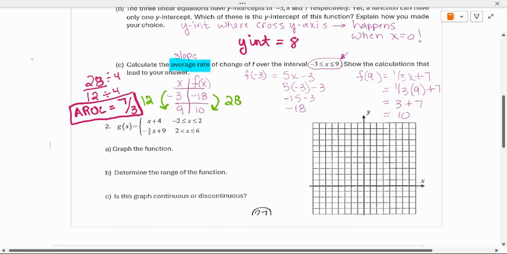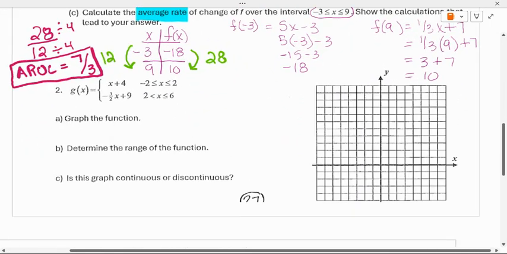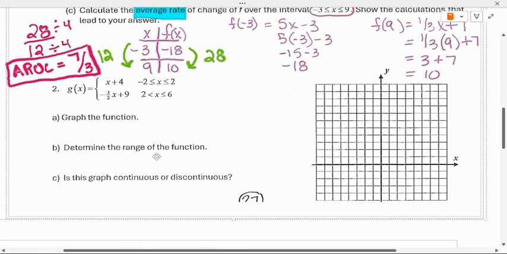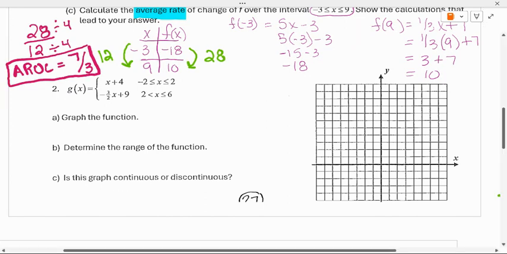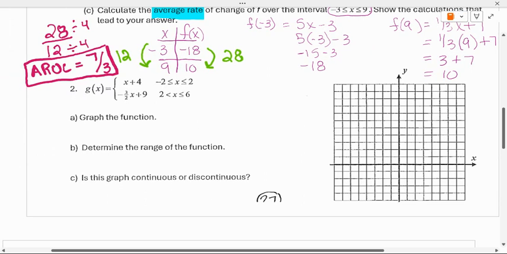Question number 2 asks us to graph the function, determine the range of each function, and then asks us if this graph is continuous or discontinuous. So let's talk about the graphs. So I know that this function is going to have a y-intercept of 4 because it's x plus 4.